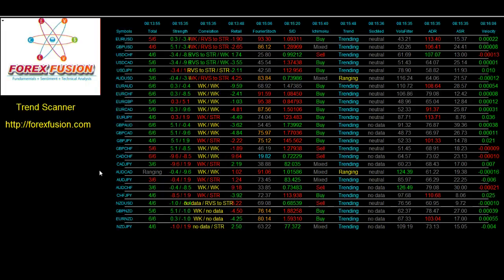The other reason to use the scanner beyond just having it as a quick reference at any time is that it gives you an alert status via pop-up, via spoken alert message. Scanner alert. Buy US dollar, Canadian dollar. I don't know if you can hear that.